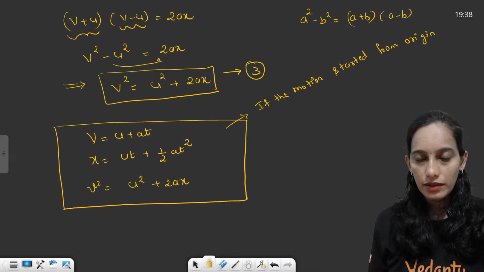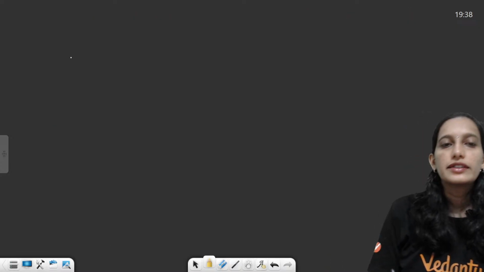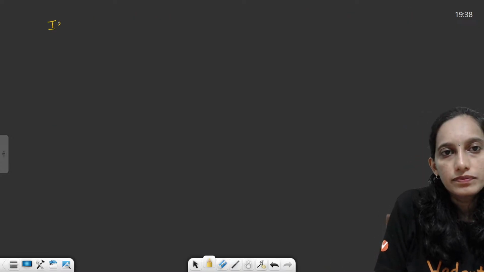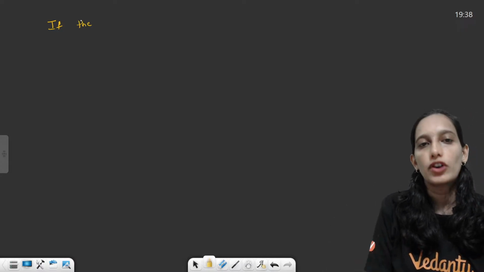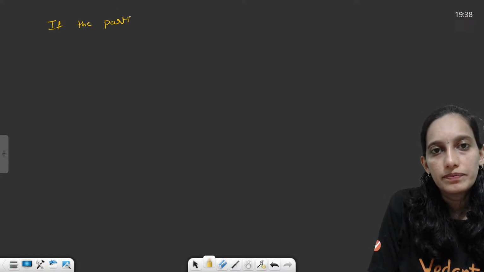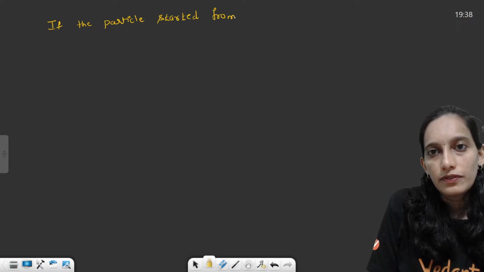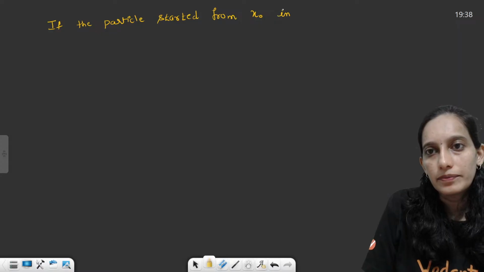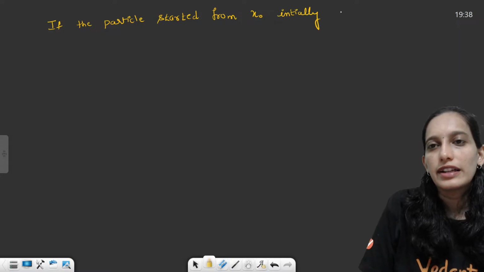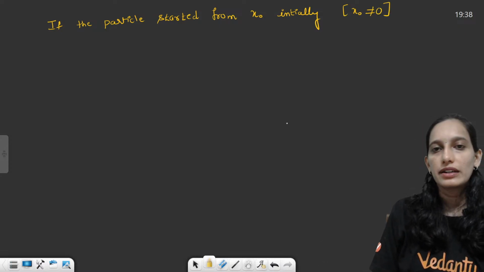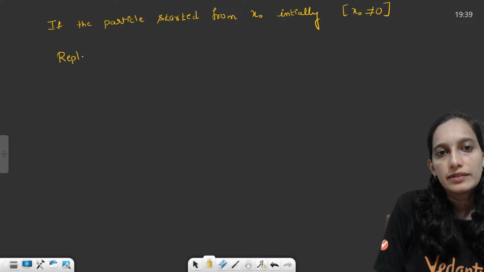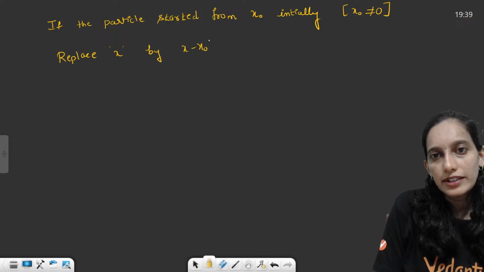Yeah, no doubts. So the other case: if the particle initially started from the position x naught instead of the origin, this is just a slight modification, such that this x naught is not equal to 0, that is, the start is not at the origin. Then replace x by x minus x naught.